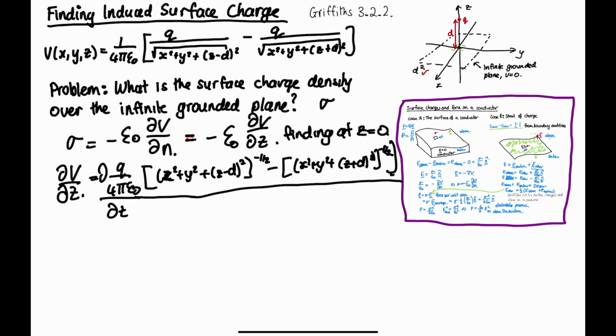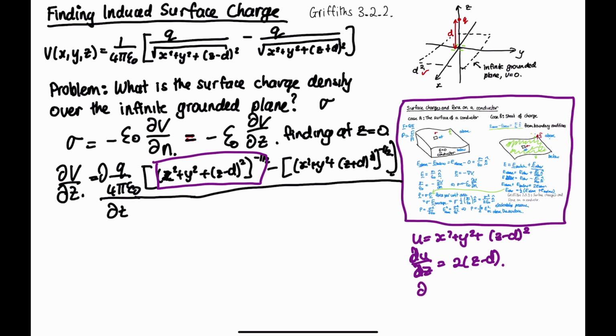When I'm thinking about this part here, for example, if we let u equal x squared plus y squared plus (z minus d) squared, then du/dz is equal to 2(z minus d), which I find helpful because dv/dz is equal to dv/du times du/dz, just from the chain rule.